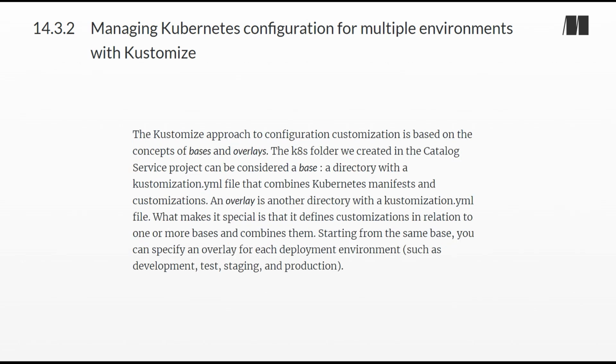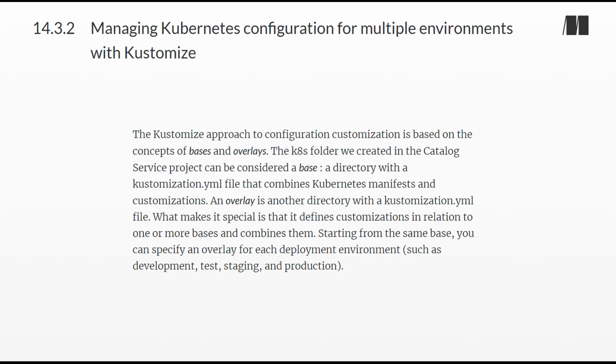The Kustomize approach to configuration customization is based on the concepts of bases and overlays. The K8s folder we created in the catalog service project can be considered a base, a directory with a customization.yml file that combines Kubernetes manifests and customizations. An overlay is another directory with a customization.yml file.